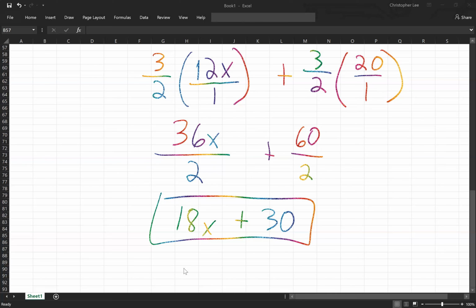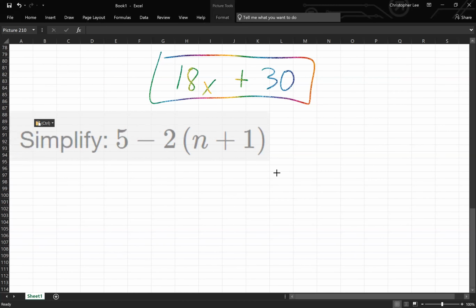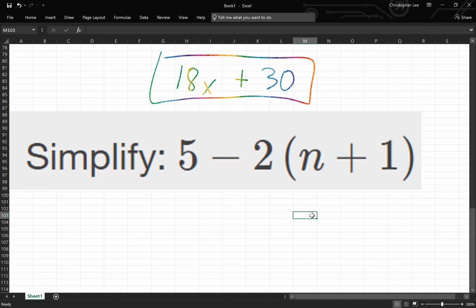I have another blast from the past I want to go over. So in this question over here, I want to simplify again. Go ahead, simplify that for me. Tell me what you're gonna do.